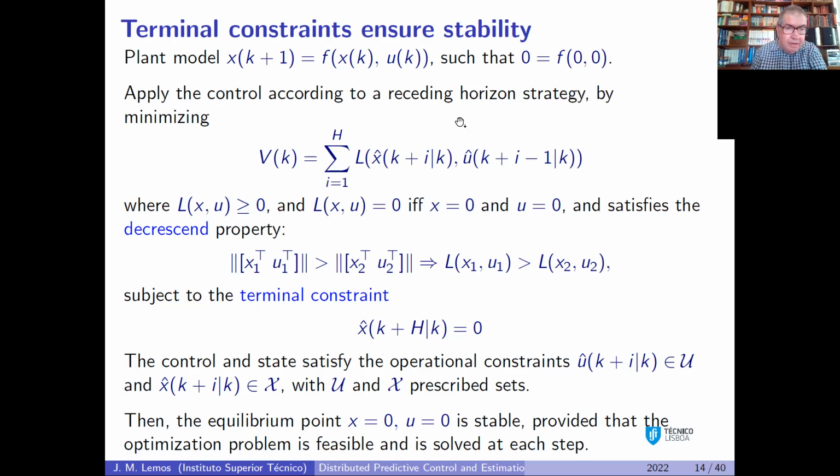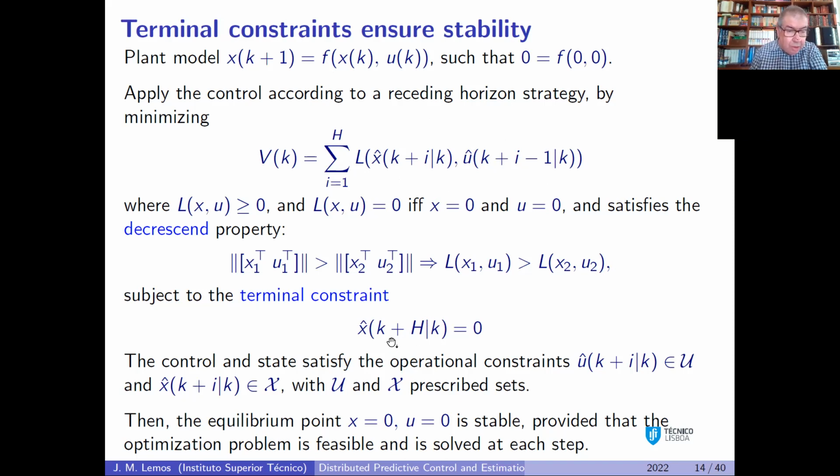Okay, so this is a very large class of problems. We have possibly nonlinear dynamics, and we are considering many possibilities for the cost. They must satisfy these properties. Now, I'm going to find u by minimizing this cost in a receding horizon sense, which is something that you already know.